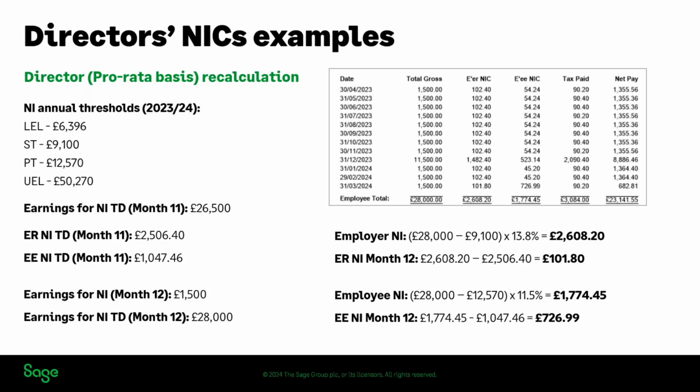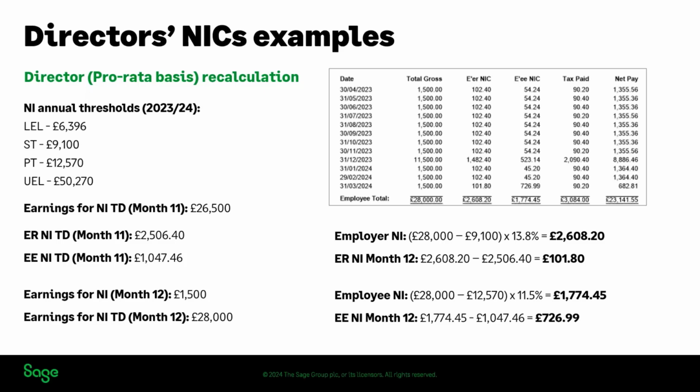So the NI on that bonus payment has effectively been recalculated and been charged at 11.5%, hence why the amount they're paying this month has increased. So something to look out for if you do have pro-rata basis directors and their pay has perhaps varied at points during the year.